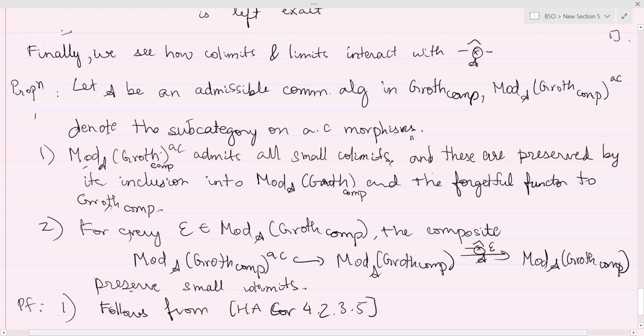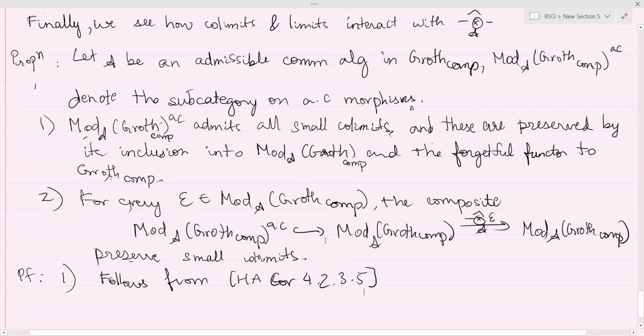And this literally tells you that if you have a diagram into this module category such that when you project down to Groth com, and tensoring with any C in Groth com preserves colimits, then the, sorry, no, I should not try to paraphrase this.